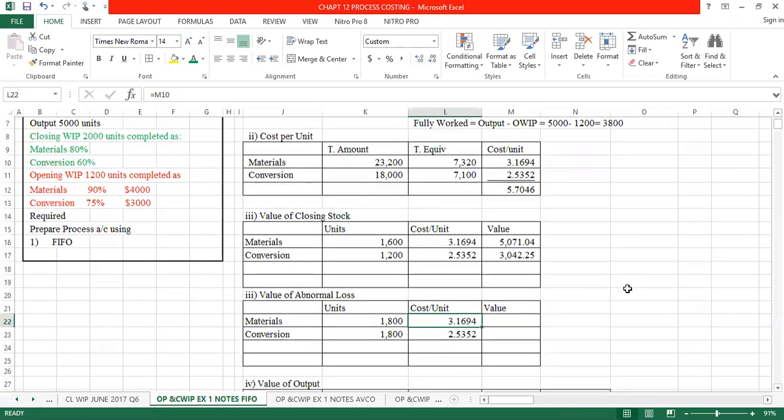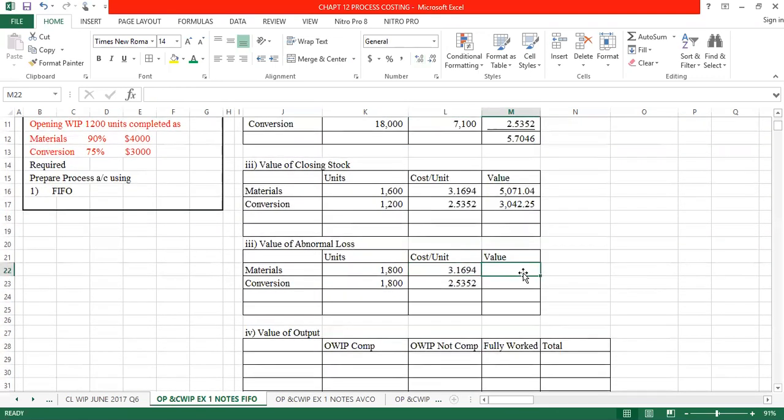Okay, next we have value of output. Of course, it is that times cost per unit. So whatever it gives you.